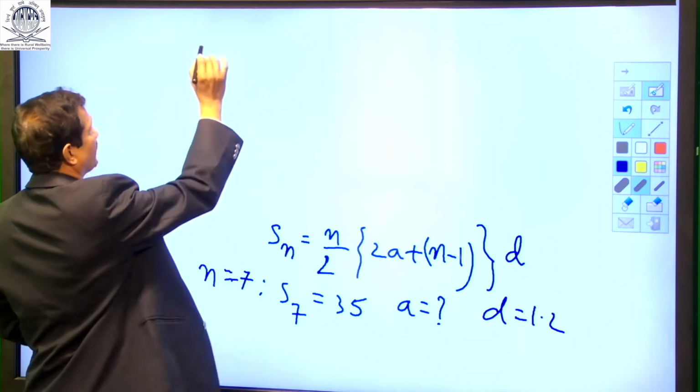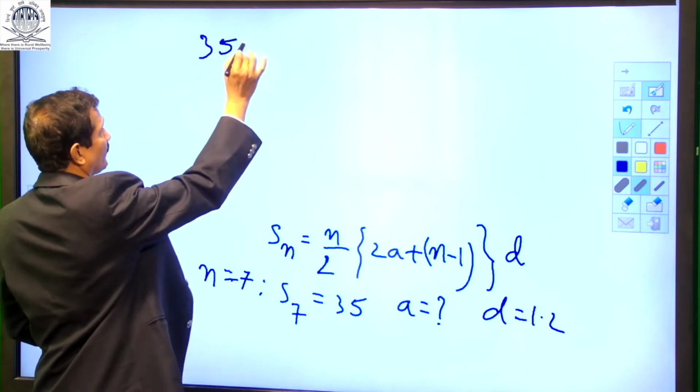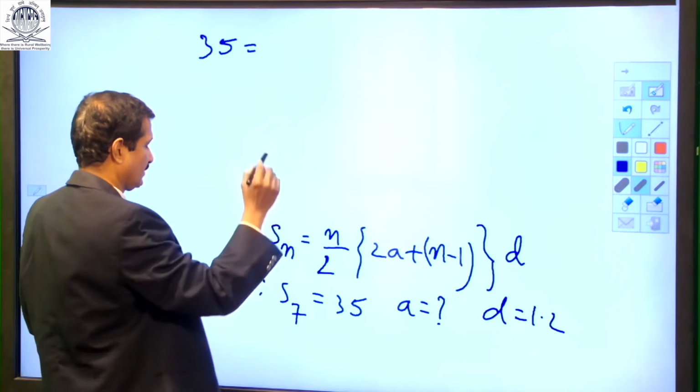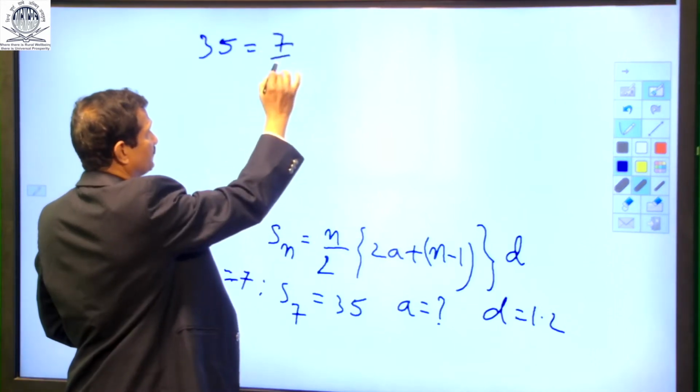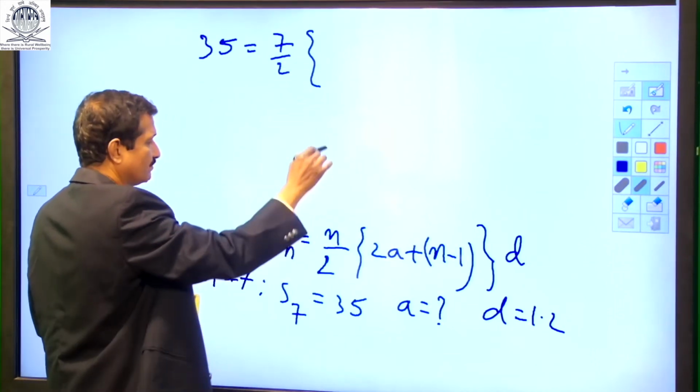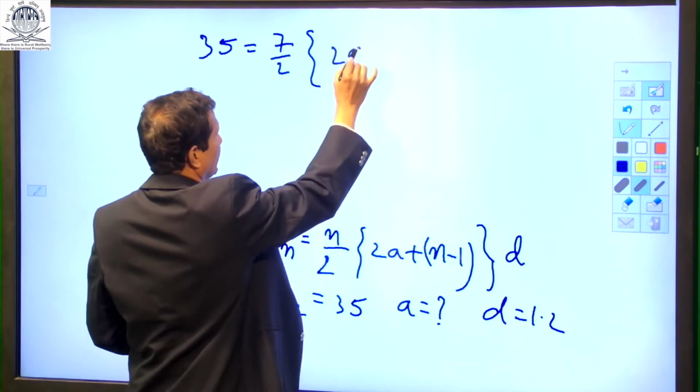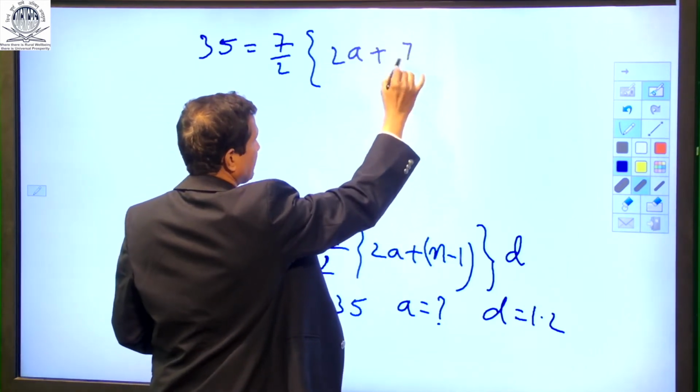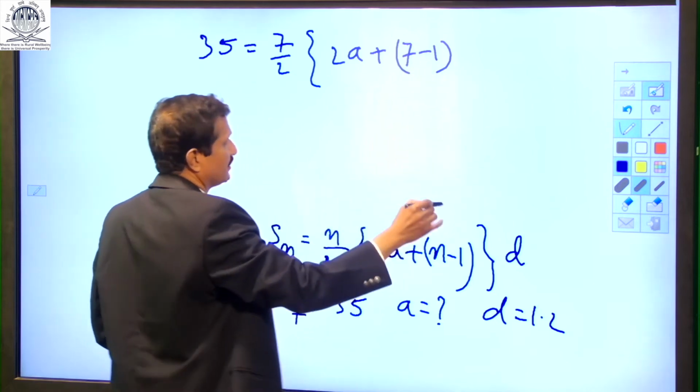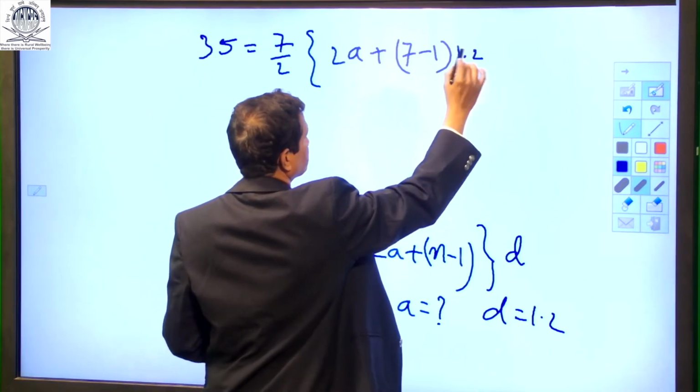So, 35 is equal to 7 by 2 into 2 into A plus 7 minus 1 into 1.2.